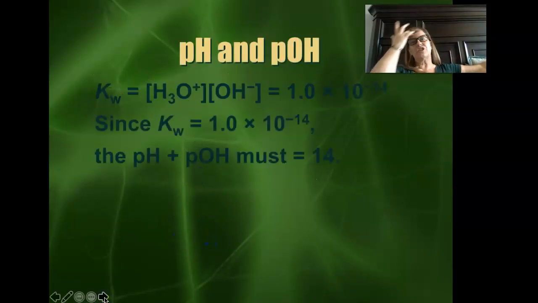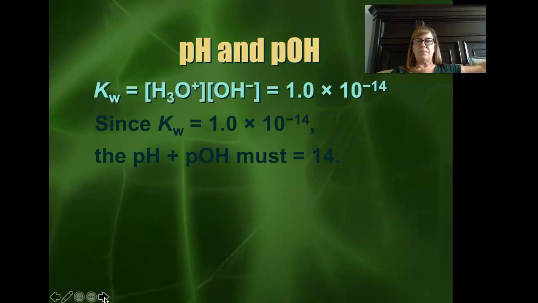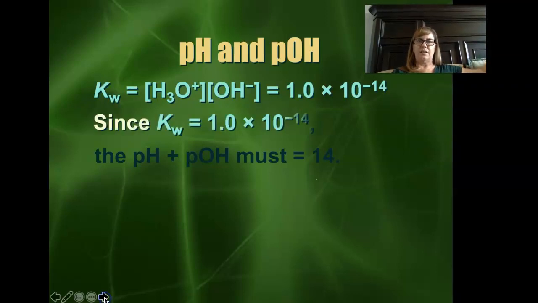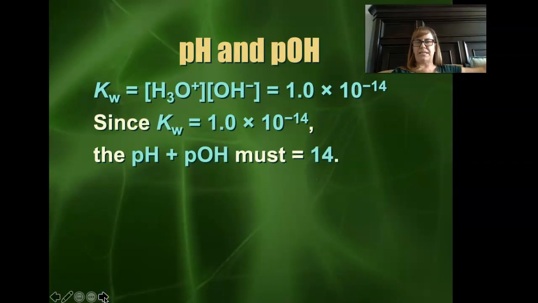So there's a relationship between pH and pOH because of this Kw, this self-ionization of water. Because Kw equals 1 times 10 to the negative 14th, and these concentrations are related, the pH plus the pOH always equals 14.